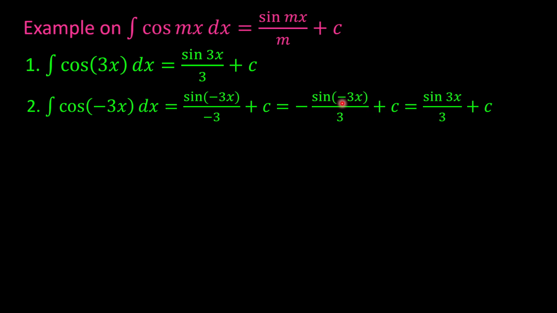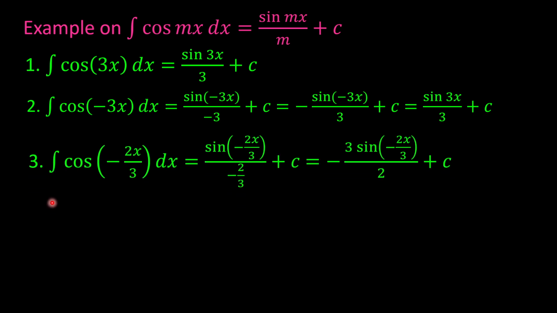Again, according to the formula we know that sin minus theta equals minus sin theta, so this minus and that minus will vanish. That means it will be plus, then the remaining part is sin 3x, and here 3, and plus c. So the integral of cos minus 3x with respect to x is sin 3x by 3 plus c.